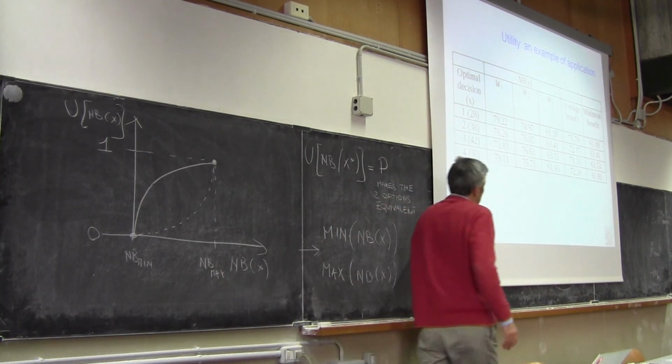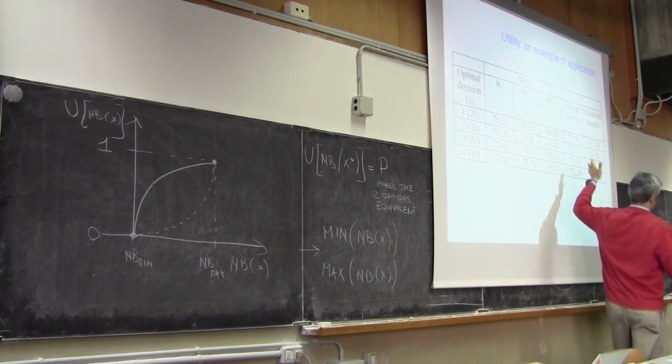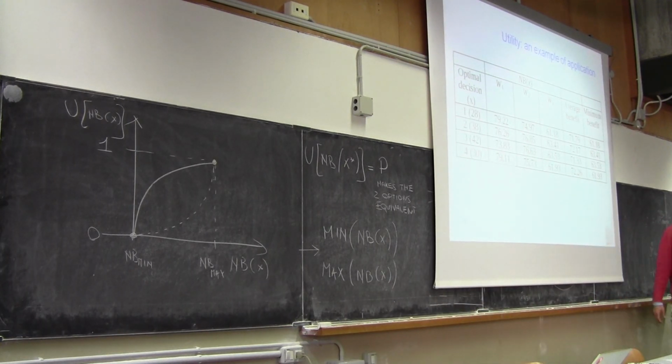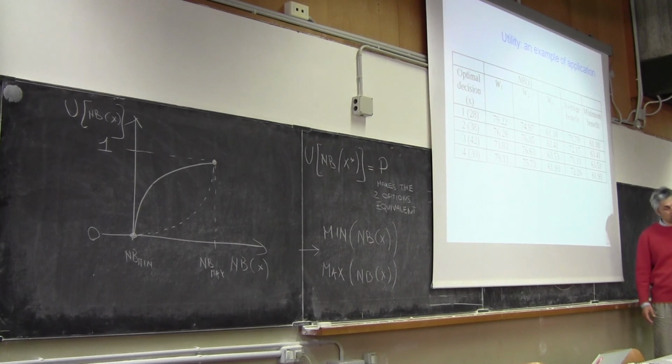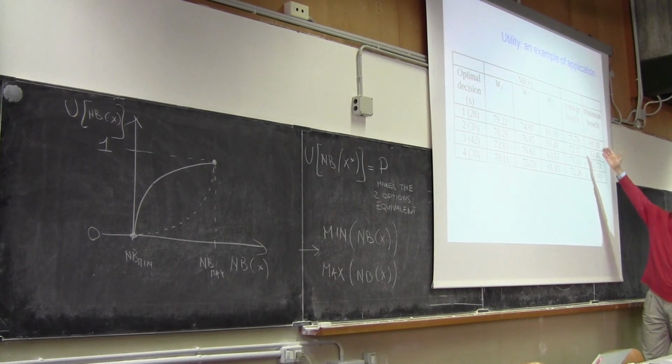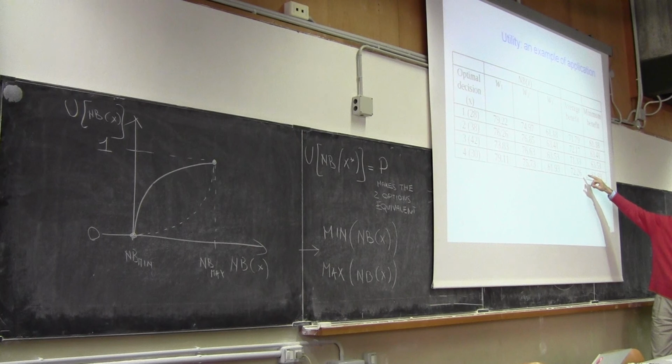Or we could choose, for instance, the maximum of the average, which, as I said, may not be a perfect choice, because it would be too risky. But if we decided to take the maximum of the average, then the optimal choice would be the fourth allocation.